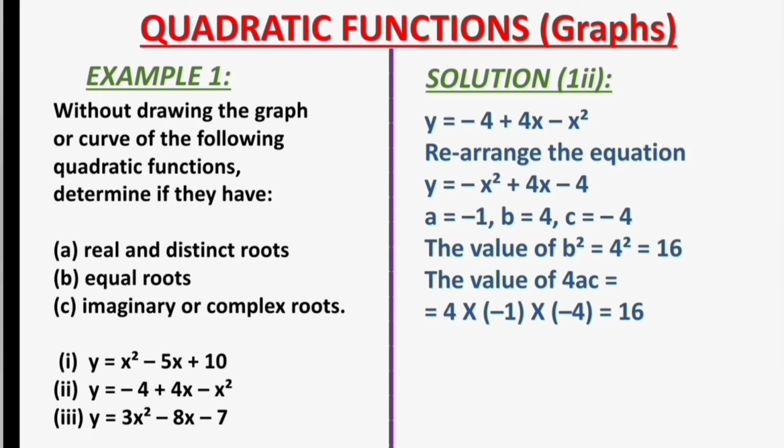Now comparing the value of b squared, which is 16, and the value of 4ac, which is also 16, you will notice that b squared is equal to 4ac, or b squared minus 4ac will give you 0. Now that we know these facts, can you tell the nature of the roots of the quadratic function in y equal to minus 4 plus 4x minus x squared?